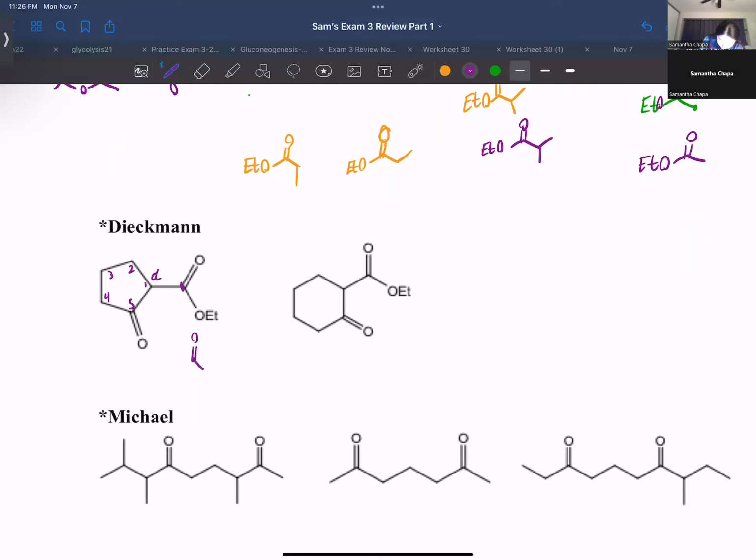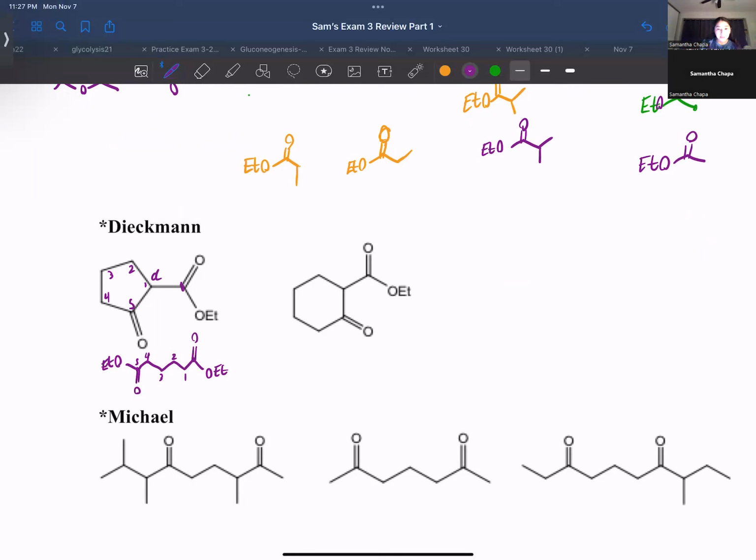I start the count from this carbon right here, which is my alpha carbon. So 1, 2, 3, 4, 5. On the 5th carbon, I have a carbonyl group. So I'm just going to write carbonyl group right here. And we know that Dieckmann is two esters reacting with each other. So on this carbonyl, I'm just going to write another ester. And that's like the trick for that one, right?